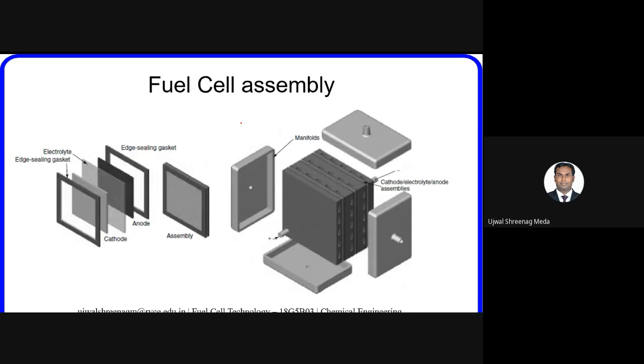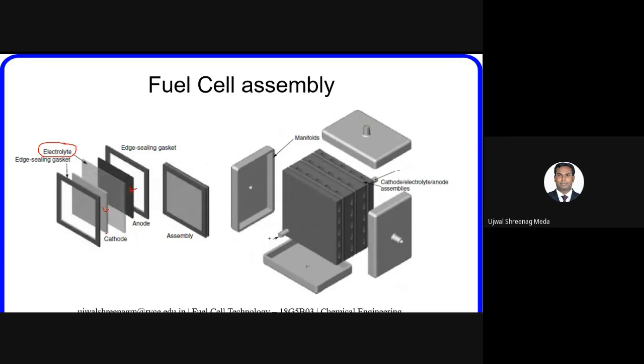If we consider an example where the electrolyte is a solid material, a membrane, this is how the fuel cell assembly looks. Here, in between the two electrodes, we have a solid electrolyte membrane. We have the anode on one side and the cathode on the other side.